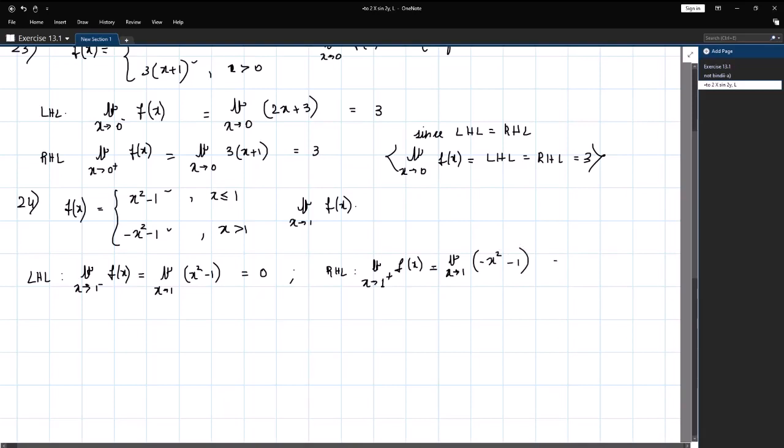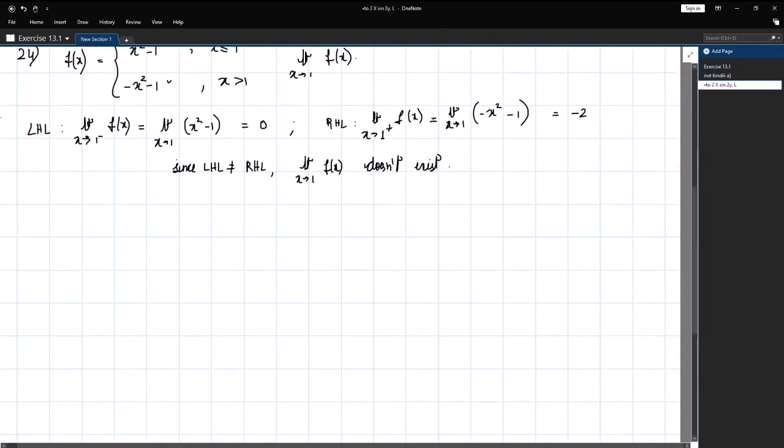So we'll have the right hand limit as minus 2. So since LHL is not equal to RHL, limit x tends to 1 of f of x doesn't exist.